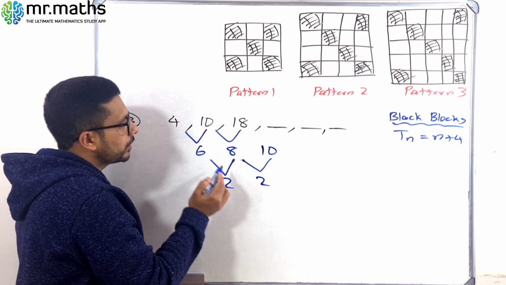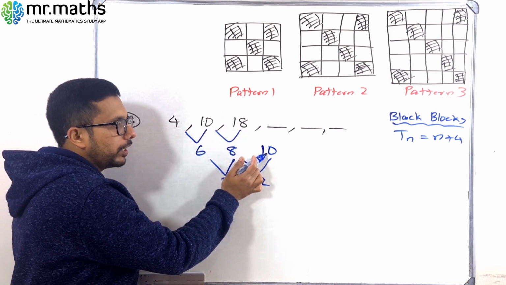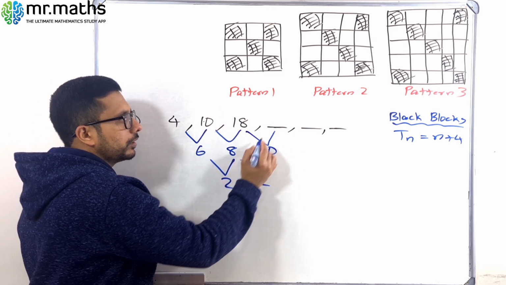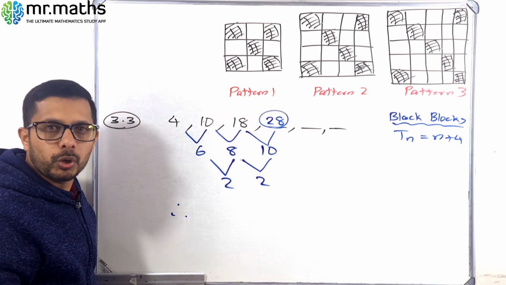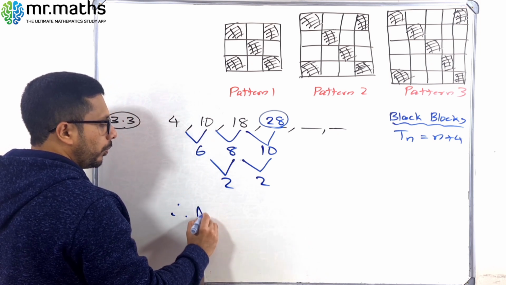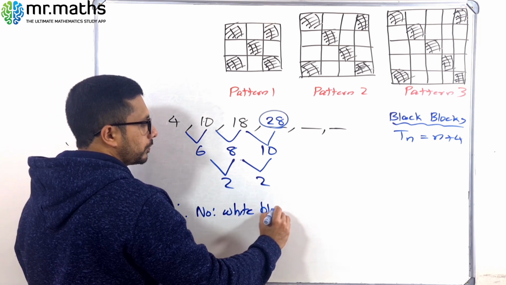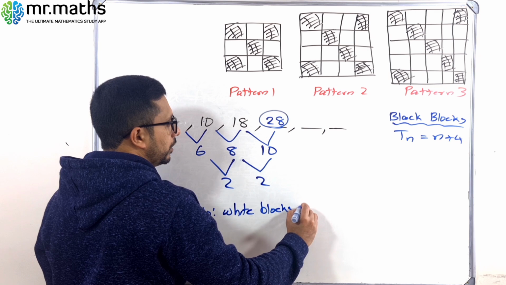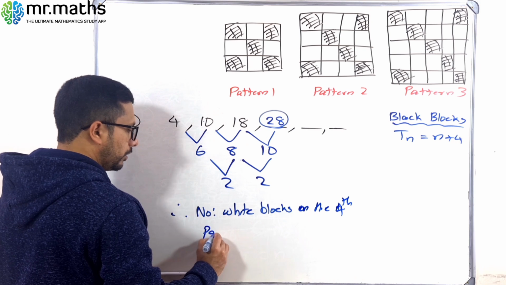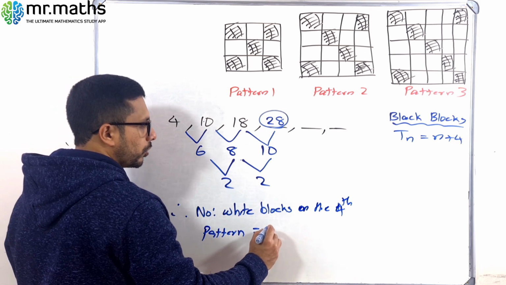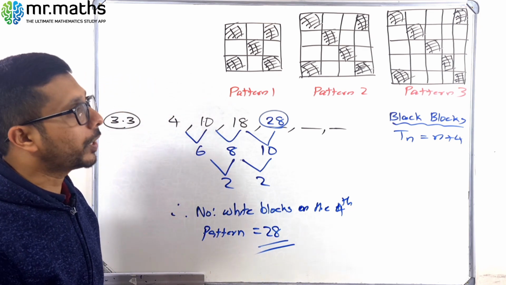Now look at this one. 4 plus 6 is 10, 10 plus 8 is 18, so 18 plus 10, that is 28. Therefore, the number of white blocks in the fourth pattern, how many are there? 28. There are 28 white blocks in the next pattern, pattern number 4.